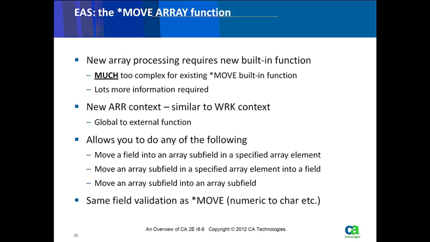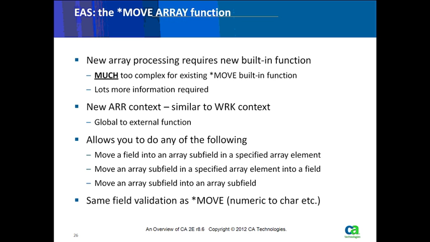Bear in mind, there are 100 elements, let's say, in that array, and each of those elements contains a product code field, a product text field, a product description field, a product price field. How do I work with the individual fields in there? Well, we looked at changing the move function, but it was much too complex for that, because there's lots more information required, so we couldn't just take an existing built-in function.